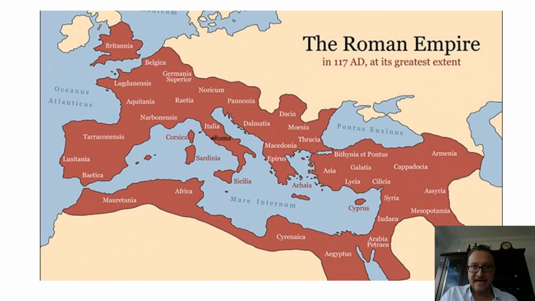That means that the whole administration was very much Romanized. The Roman law came into place, but also Latin as the administrative language was introduced.